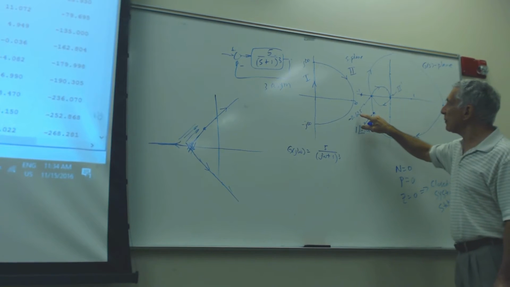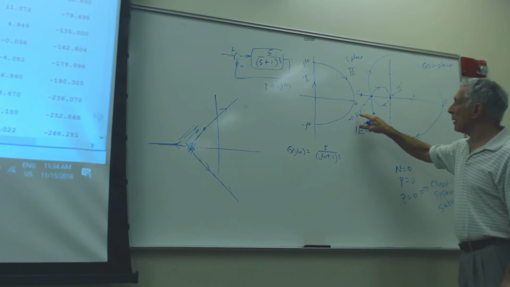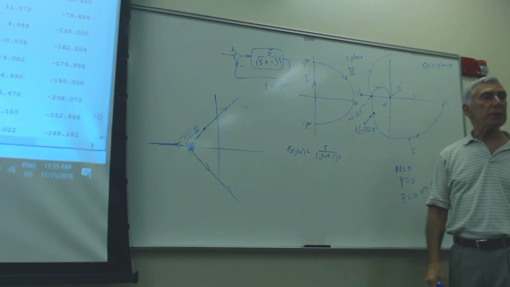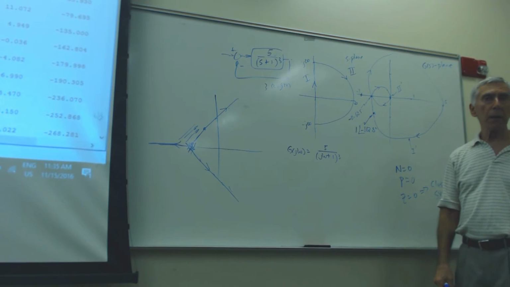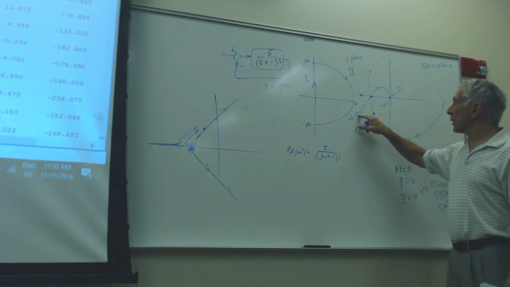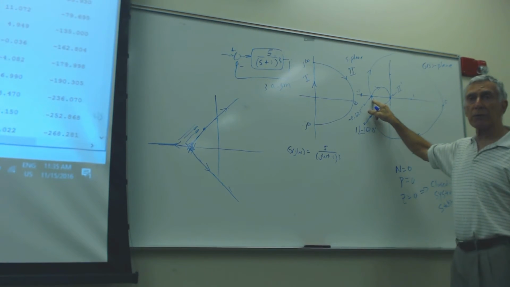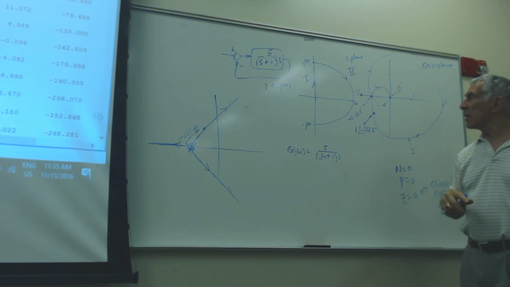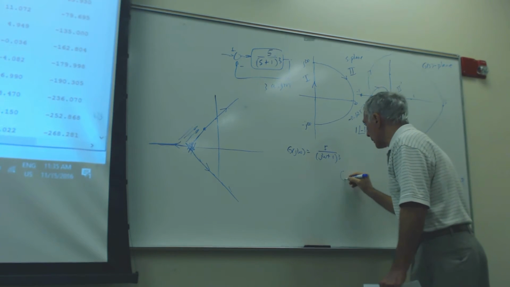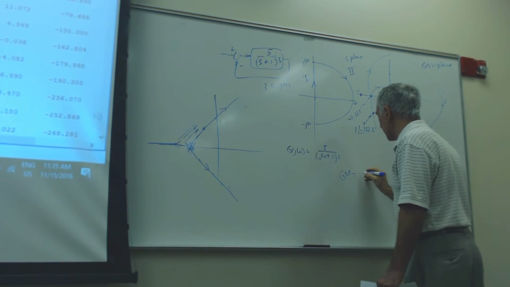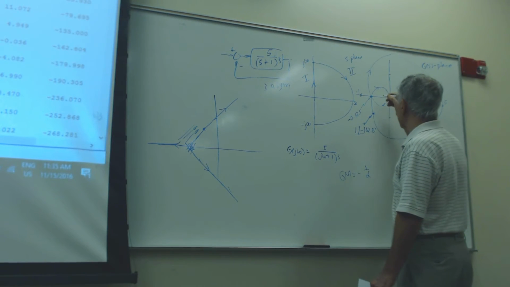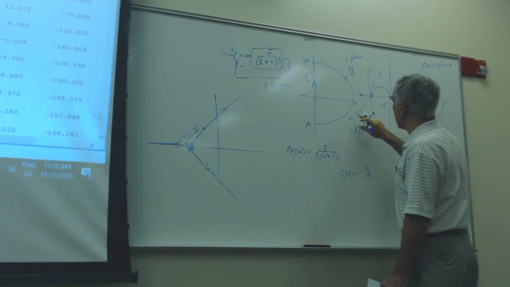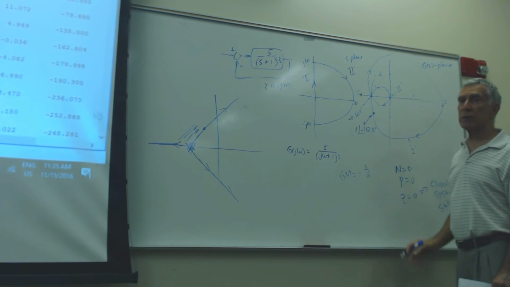In fact, if you increase the gain by a factor of 1 over 0.625, then this 180-degree phase crossover point will go through minus 1. Again, marginally stable. So what's called the gain margin is equal to minus 1 over alpha, and this point here is minus alpha, minus 0.625.